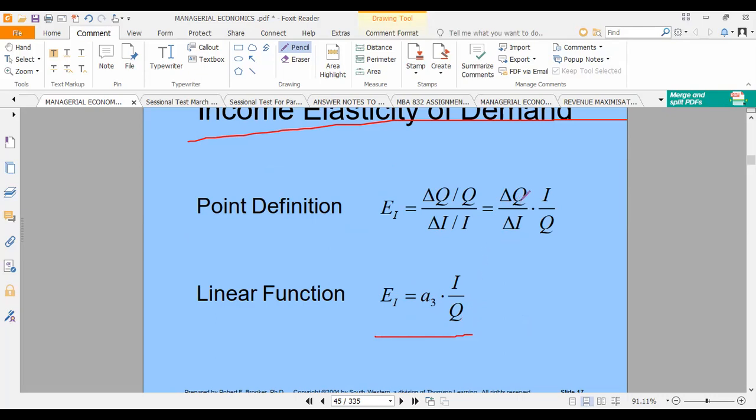Or if you're using calculus, it's dQ over dI times I over the quantity. If you get a negative elasticity of income, we know that that is an inferior good. An inferior good is a good whose demand will go down when your income goes up.